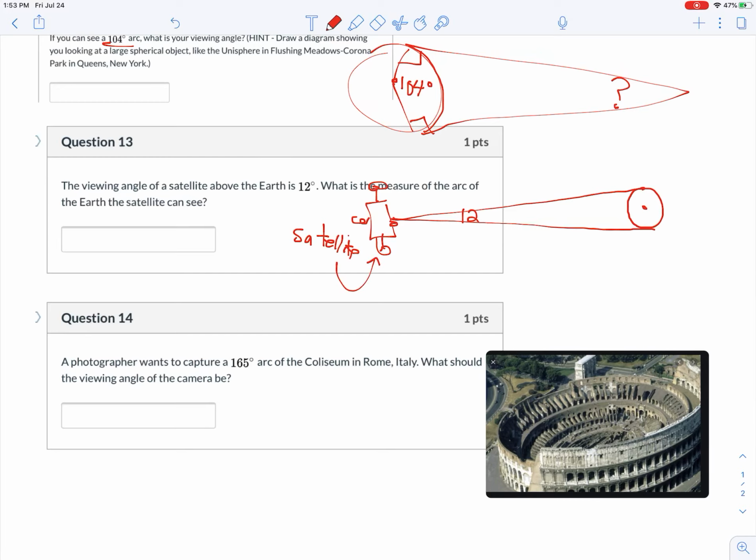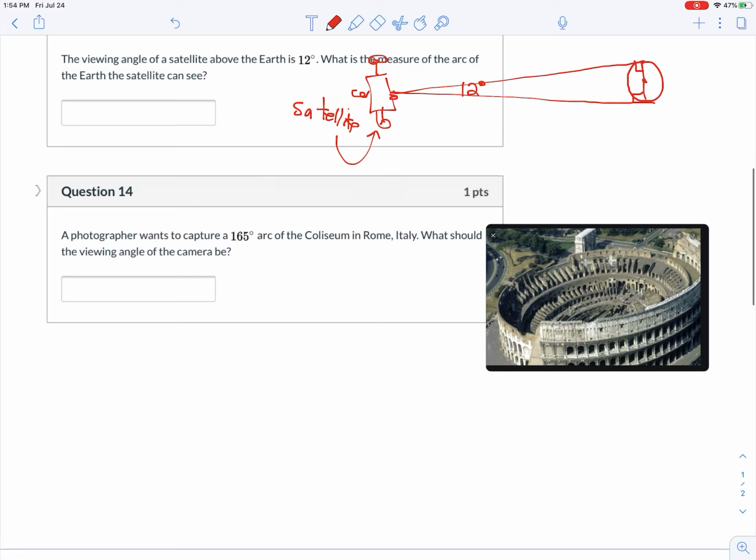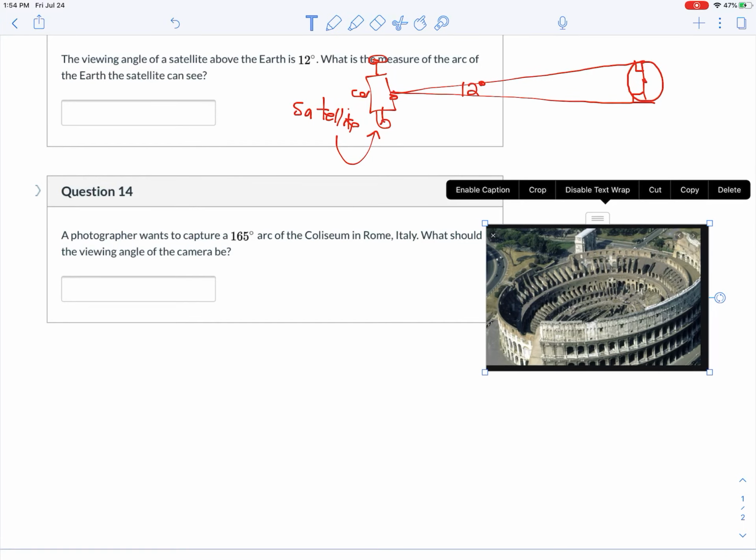And its viewing angle is 12 degrees. Again, use the fact that you've got tangents drawn to the circle, which make 90 degrees. You've got a kite or a quadrilateral, and opposite angles of those quadrilaterals are supplementary. Go with that one.